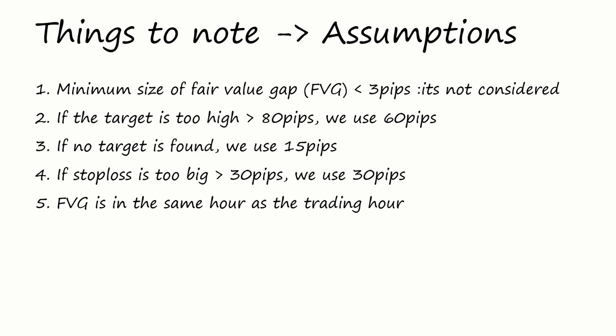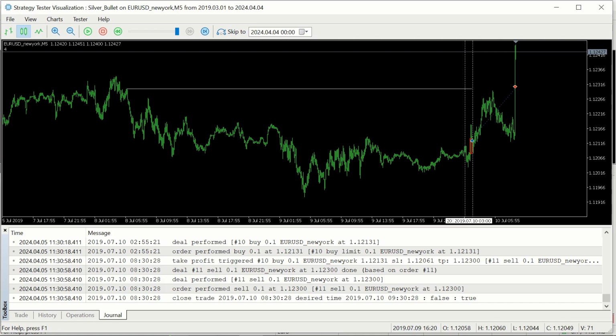strategy. So let's look at some of the examples that the EA will take. The first one is this trade right here. We have our fair value gap here, the target is the next liquidity zone, and our stop loss will always be 2 pips below the fair value gap.